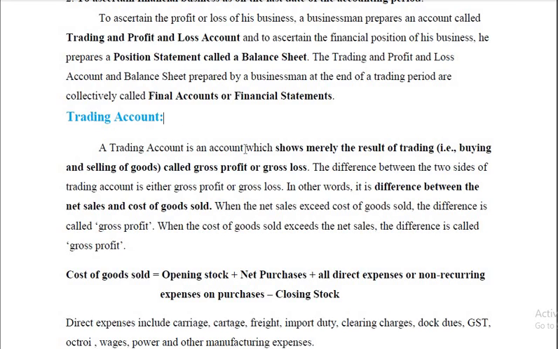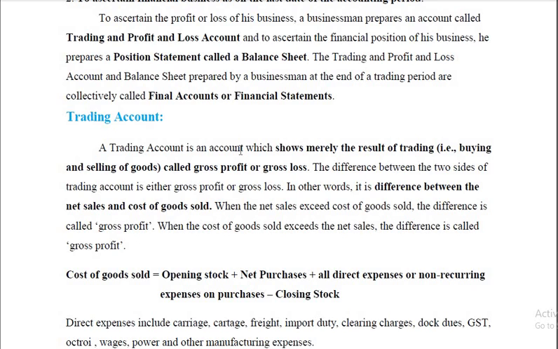What is a trading account? A trading account is an account which shows merely the result of trading. Trading means buying and selling of goods. And the trading result is either gross profit or gross loss.